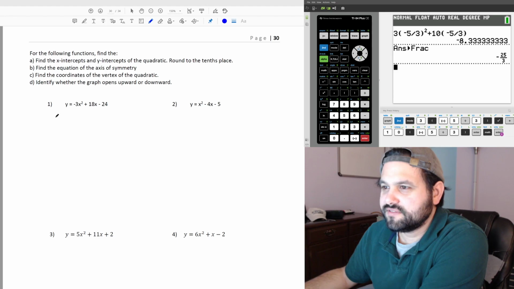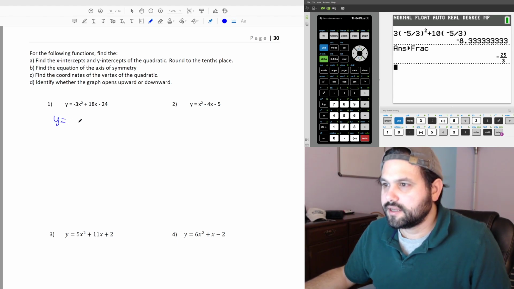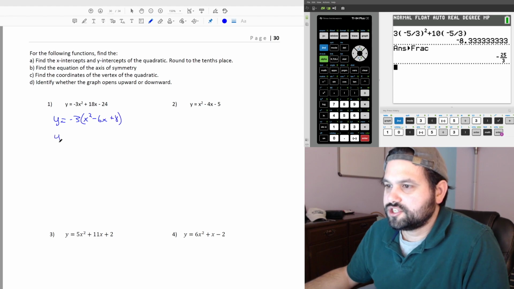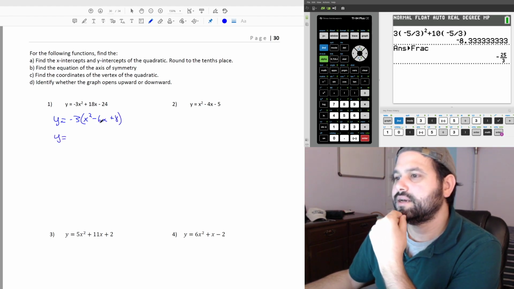So I'm going to see if I can factor this, and I could factor a negative 3 out first, which would give me negative 6x plus 8. Now I can check, can I factor this further? Are there numbers that multiply to 8 and add to negative 6?